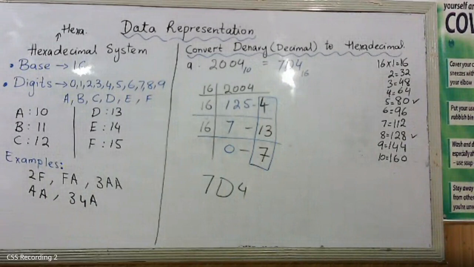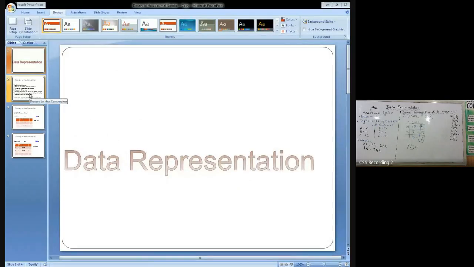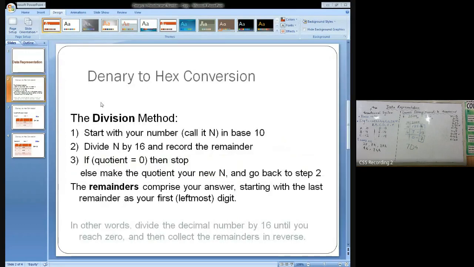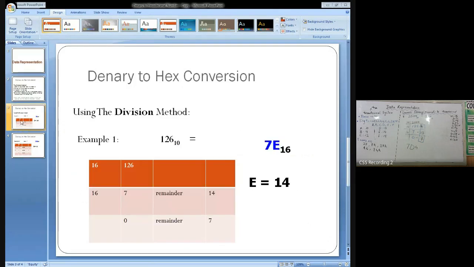Okay. I hope you can clearly see all the slides. We have the chapter, data representation. I told you all the steps you have to do while converting from denary to hexadecimal. Then we have an example: 126 is a decimal number. You simply divide it by 16, 7 times, and the remainder is 14.